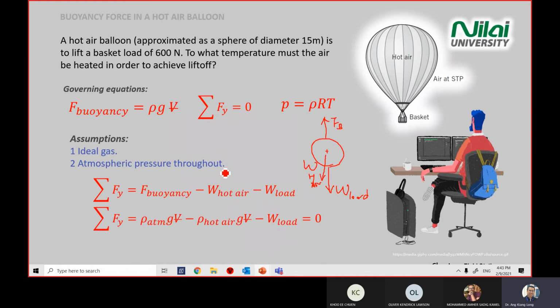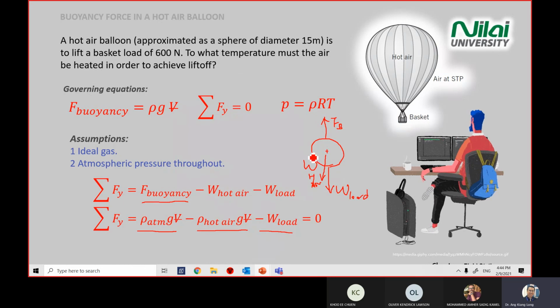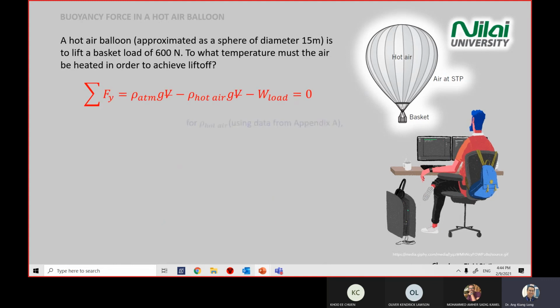Okay, so we apply the buoyancy force equation. Force buoyancy is given by rho ATM GV, and then the hot air, rho GV also, but the rho we use is for hot air. For the first term, the F buoyancy, we refer to the air at atmospheric, and then minus the load that we have inside the basket equals 0. Then we substitute.